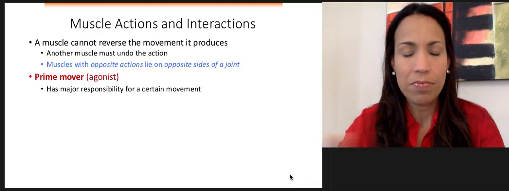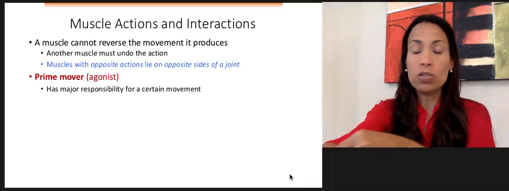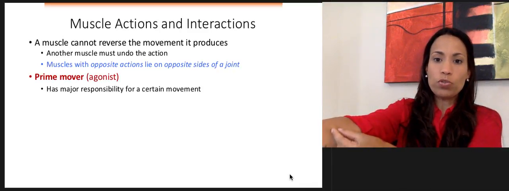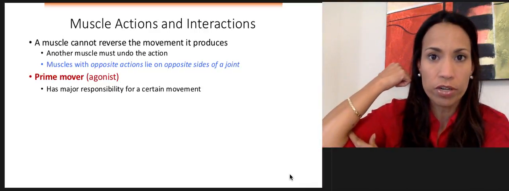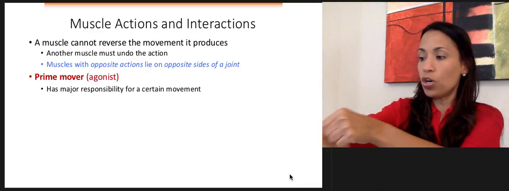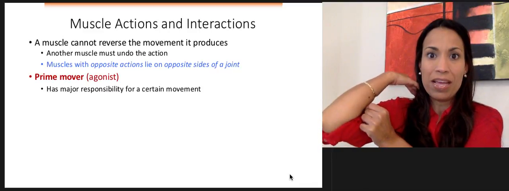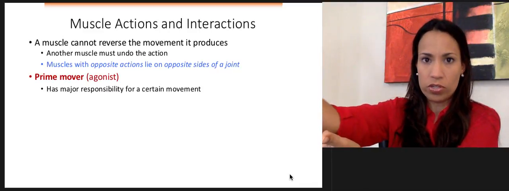Another thing, given these brief descriptions, we know that the main muscle that produces a certain specific movement is the prime mover. The prime mover, or agonist, is the one in charge of producing, for example here, flexion of the arm. And we need an antagonist to reverse that movement.